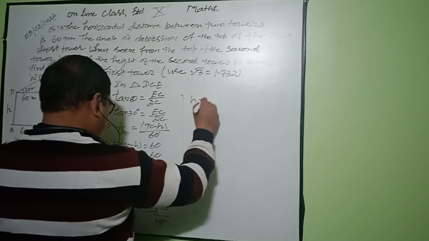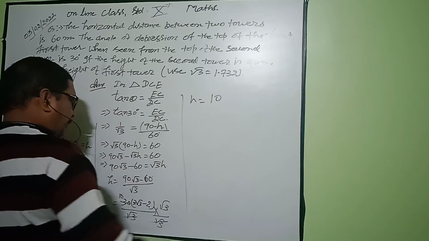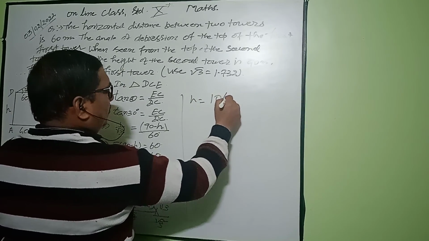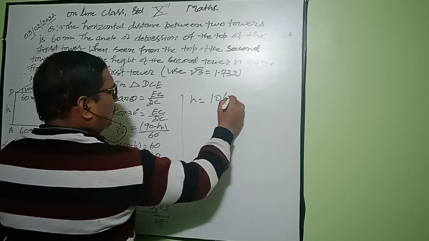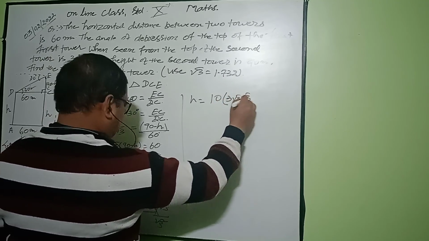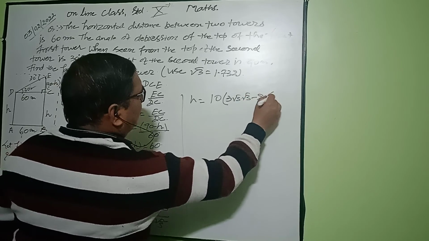Then h equal to 10 into 3 root 3 into root 3 minus 2 root 3.